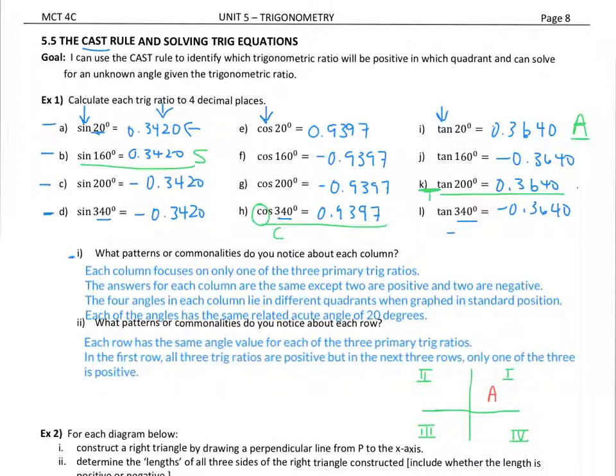In the second quadrant, only the sine ratio was positive. In the third quadrant, that's the 200-degree angle, only the tan was positive. And in my fourth quadrant, 340 degrees, the cosine of the angle was positive. So the CAST rule is a way of knowing, if I can place the quadrant where my angle lies, which trig ratios are positive and which are negative.